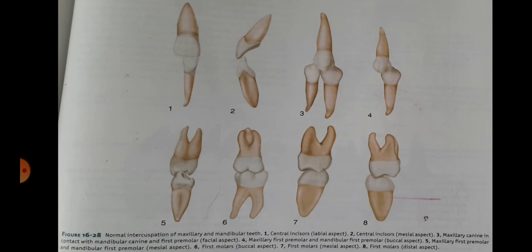Picture 3, maxillary canine in contact with the mandibular canine and first premolar from the facial aspect. Picture 4, maxillary first premolar and mandibular first premolar from the buccal aspect.